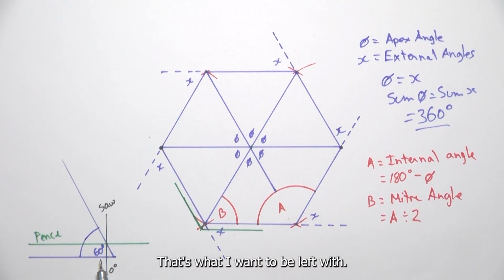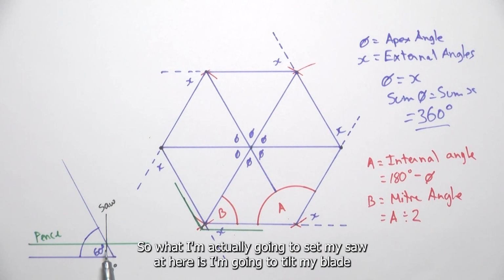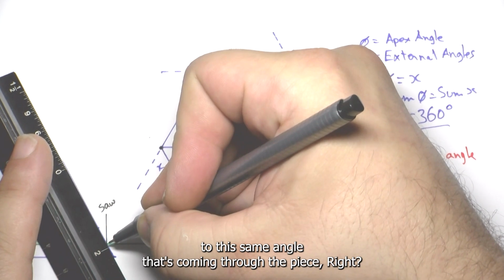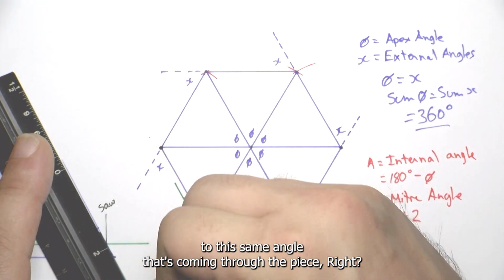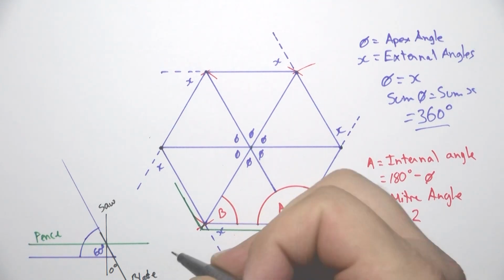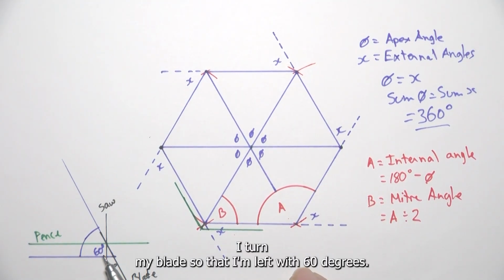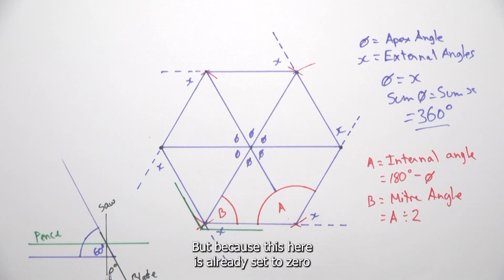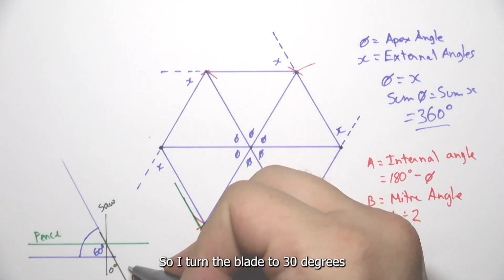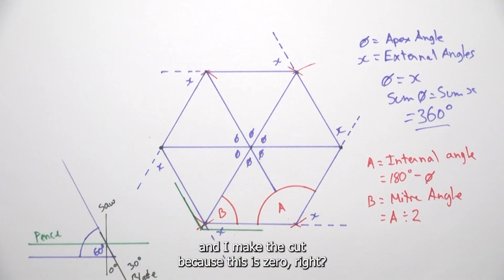So this piece here is going to be cut, and I'm going to be left with 60 degrees. But the trick here is that's what I want to be left with. So what I'm actually going to set my saw at is I'm going to tilt my blade to this same angle that's coming through the piece, right? So I turn my blade over here, so that I'm left with 60 degrees. But because this here is already set to 0, when I turn this, I'm only turning 30 degrees, right? So I turn the blade to 30 degrees and I make the cut because this is 0.